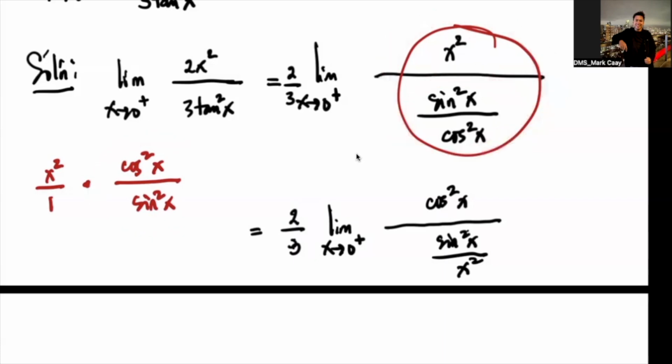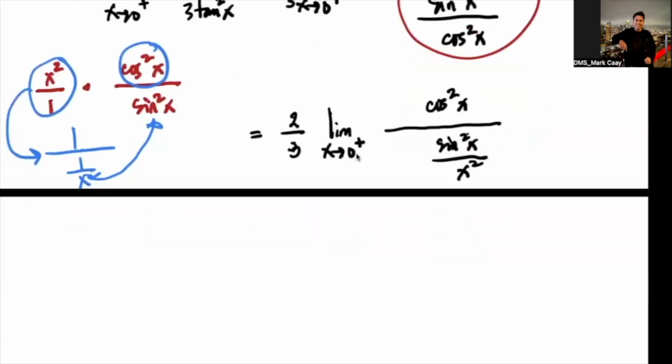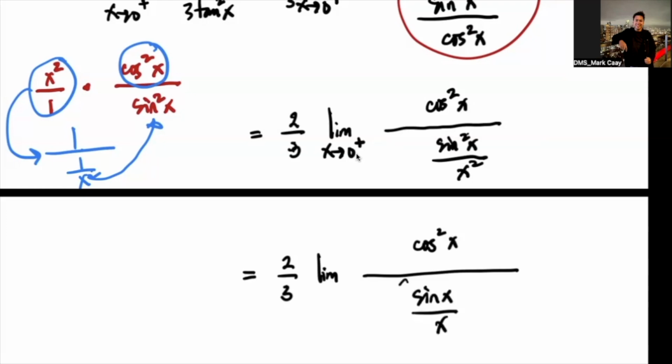And also, this one, I can convert into 1 over x squared. So what happens is, the cosine is what remains, and this one becomes the denominator there. Okay. So remember, this is 2/3 times the limit of cosine squared x over sine x over x squared, as x approaches 0 from the right.